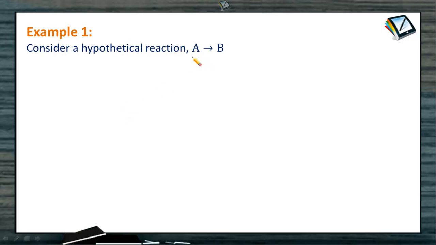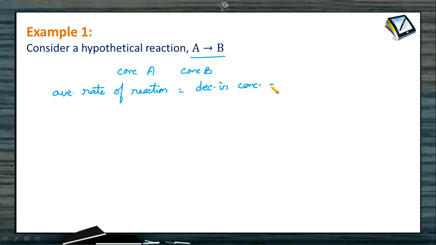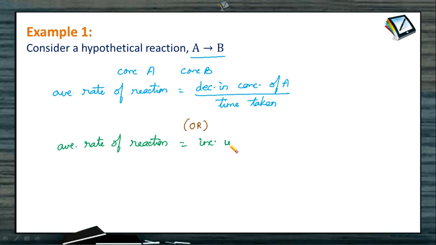So consider a hypothetical reaction where A is converted into B. Now the average rate of reaction may be expressed either in terms of decrease in concentration of A or in terms of increase in concentration of B. So I can write like this: average rate of reaction is equal to decrease in concentration of A upon time taken for that change, or in terms of products we can write like this: average rate of reaction is equal to increase in concentration of B divided by the time taken for that change.